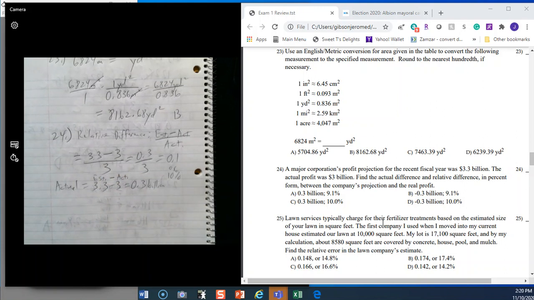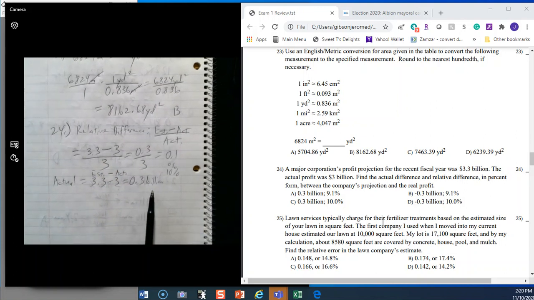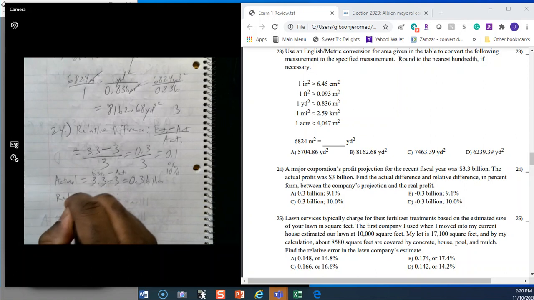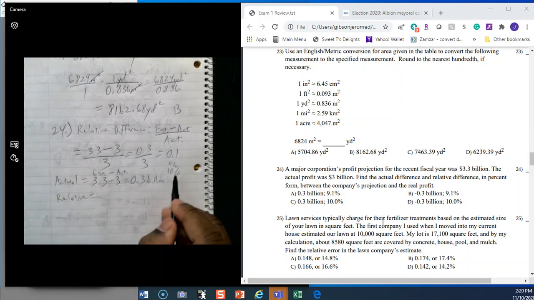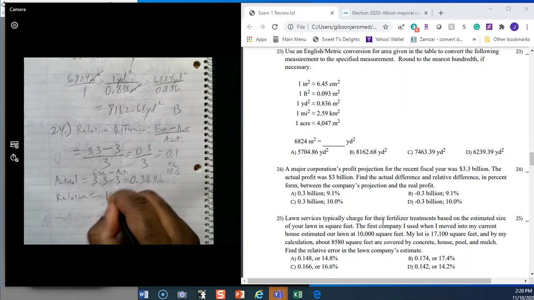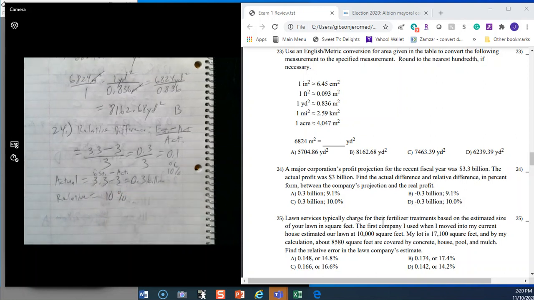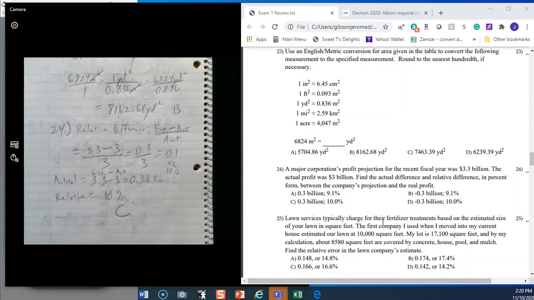Now they ask us for the relative, which we did already: 0.1 or 10%. Everything is in percent, so it'll be 10%. So our answer is 0.3 billion and 10%, so the answer should be C for problem 24. In the back, it has a different answer, but the answer is actually C for problem 24. And we are done with the review.